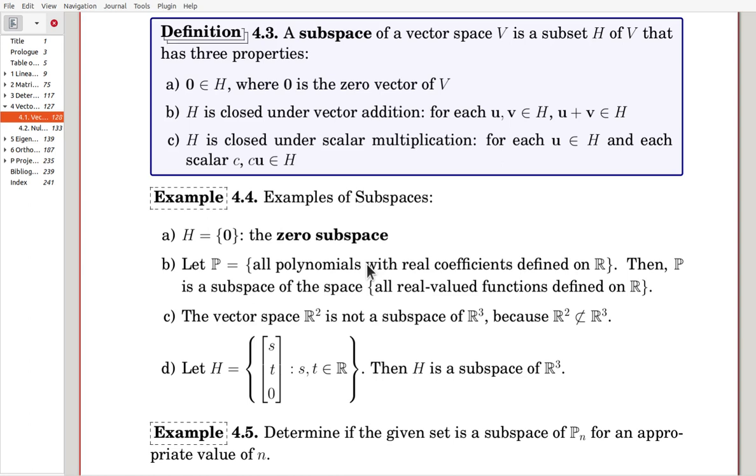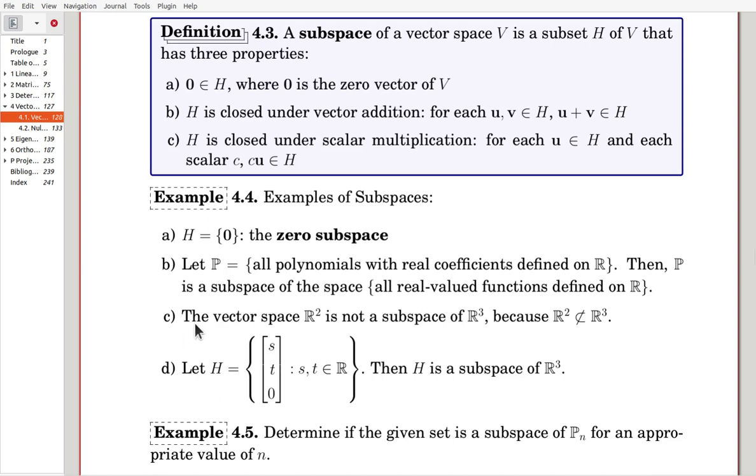So P is closed under usual polynomial addition and scalar multiplication, so P is a subspace. Of course, a subspace itself is a vector space.